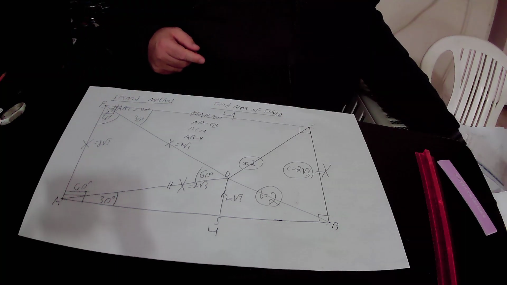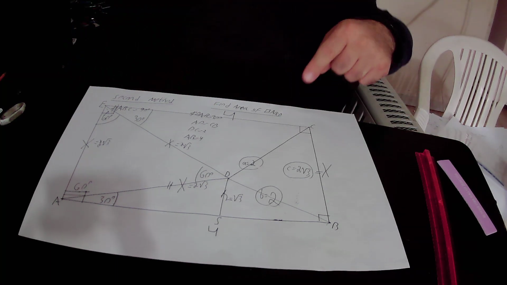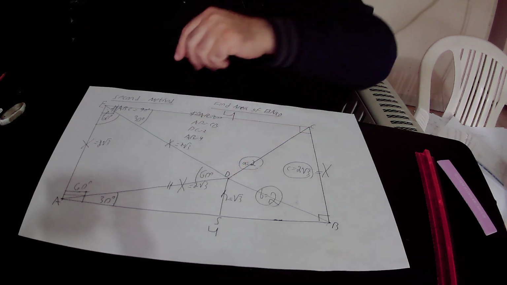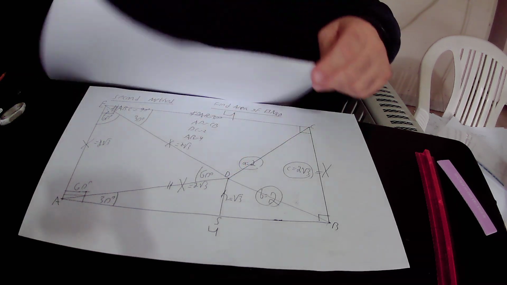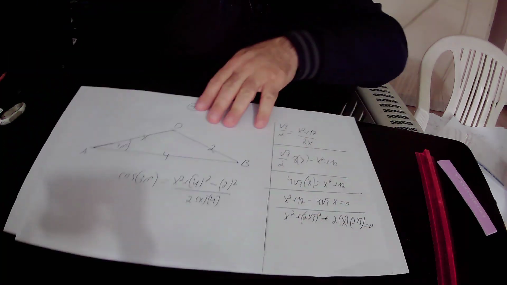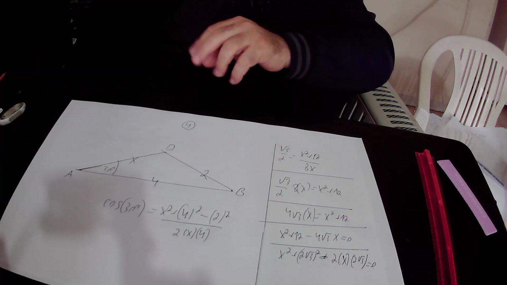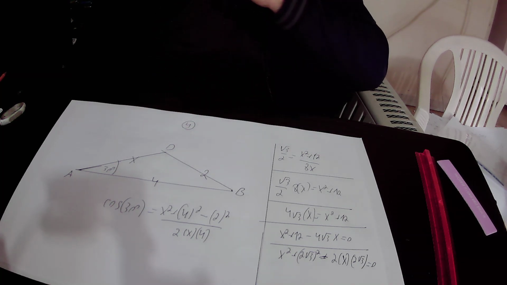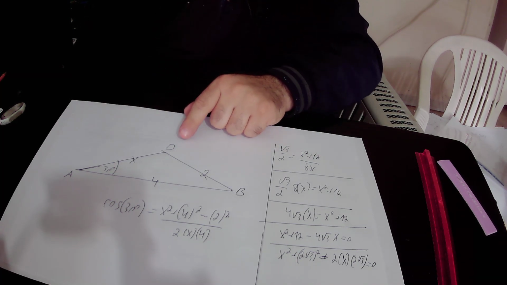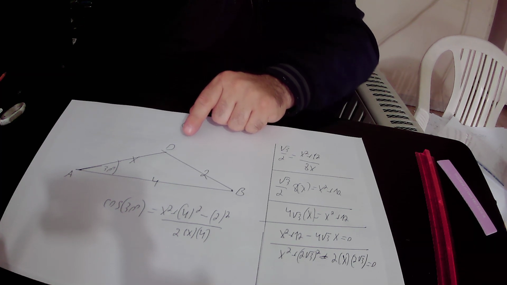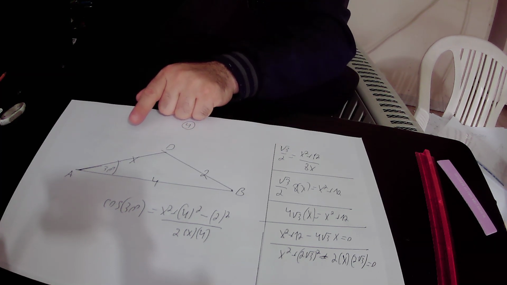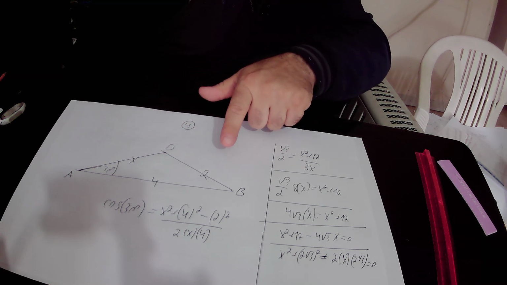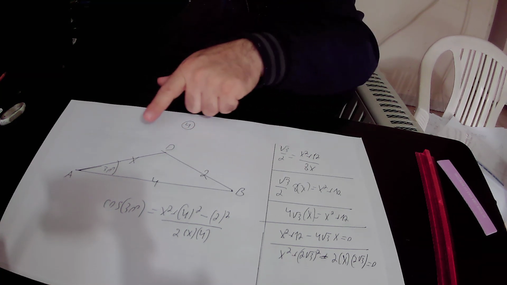Then we implemented the law of cosines on triangle ADB. I actually drew triangle ADB on a new page. According to the law of cosines in triangle ADB, cosine 30 degrees equals x squared plus 4 squared minus 2 squared over 2 times x times 4.